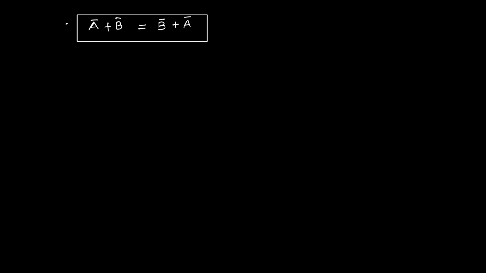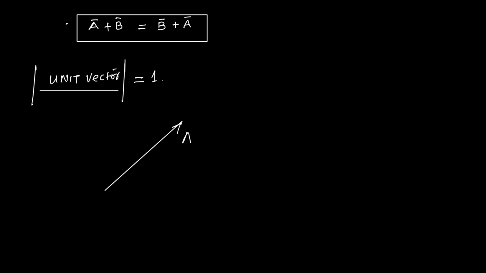Now we'll talk about something about unit vector. As the name suggests, it's a vector of size 1. The mod of unit vector is 1. If there is a vector A and suppose its mod is 6, and if you divide this vector equally into 6 equal parts, 1, 2, 3, 4, 5 and 6, then one part will have a magnitude equal to 1.